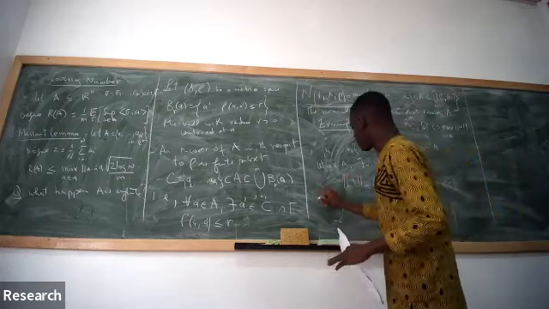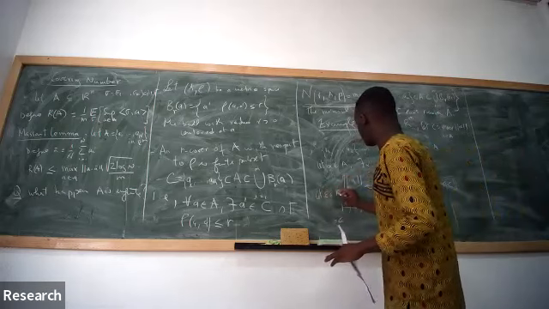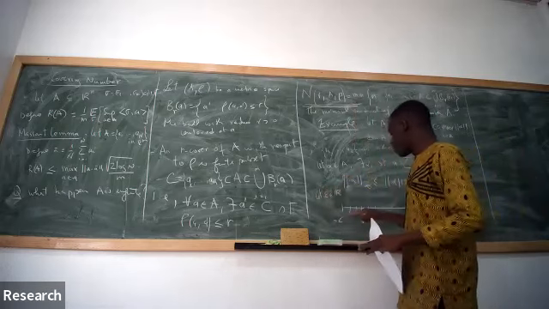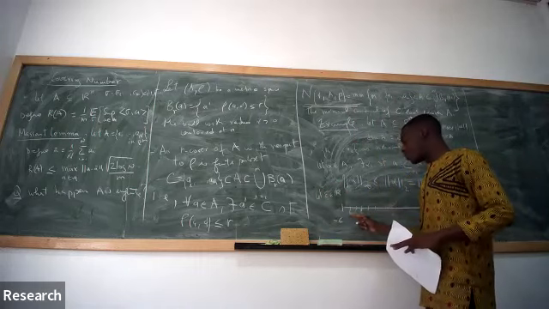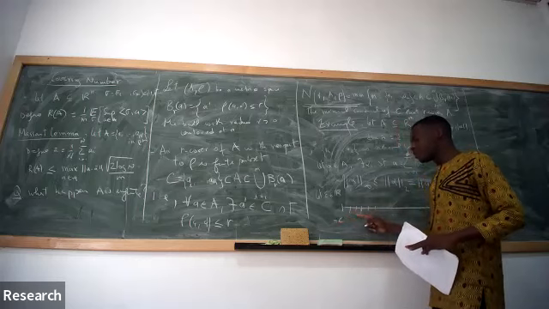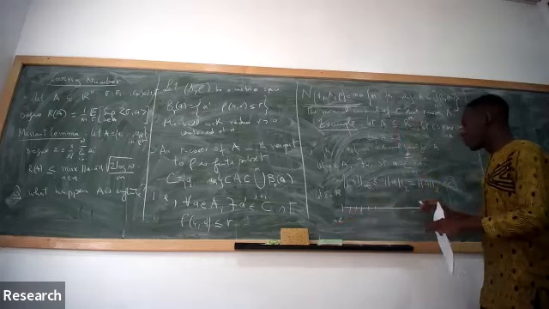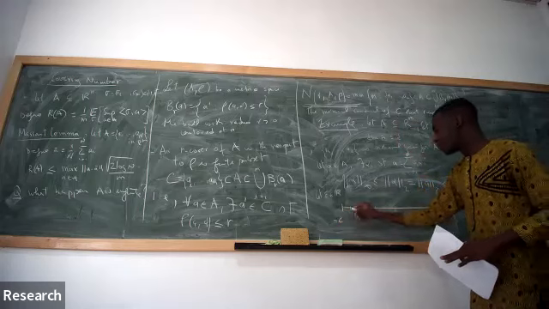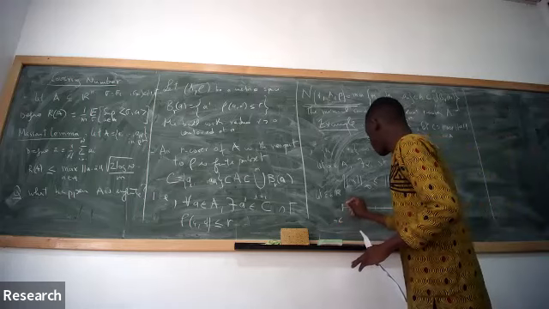So let epsilon be in R. Here, the second point will be minus C plus epsilon, and then minus C plus 2 epsilon. So this is how I discretize. The step here is epsilon.